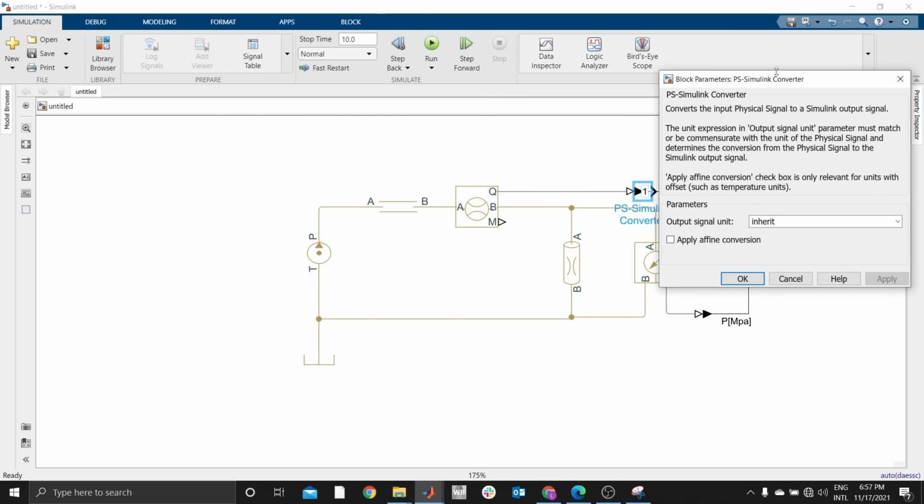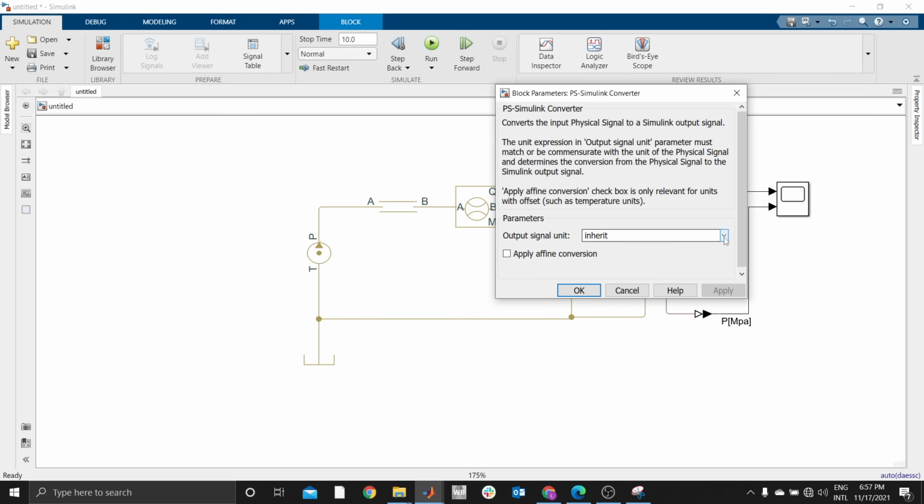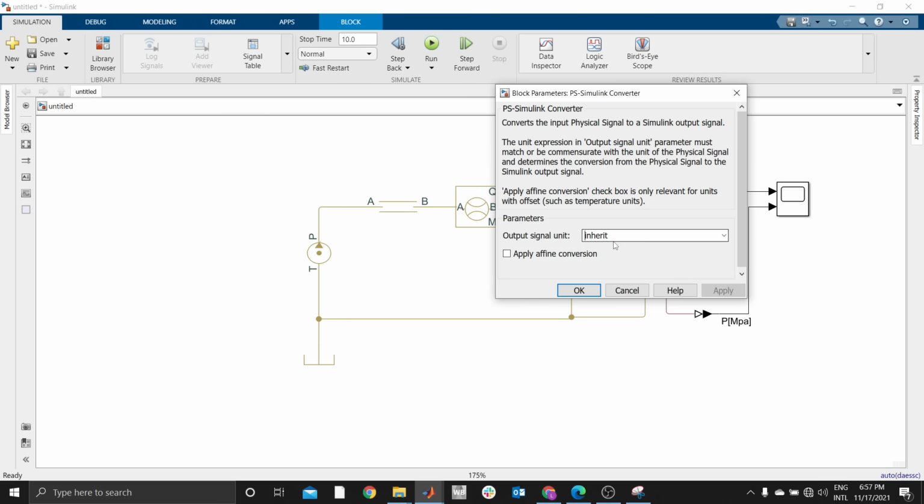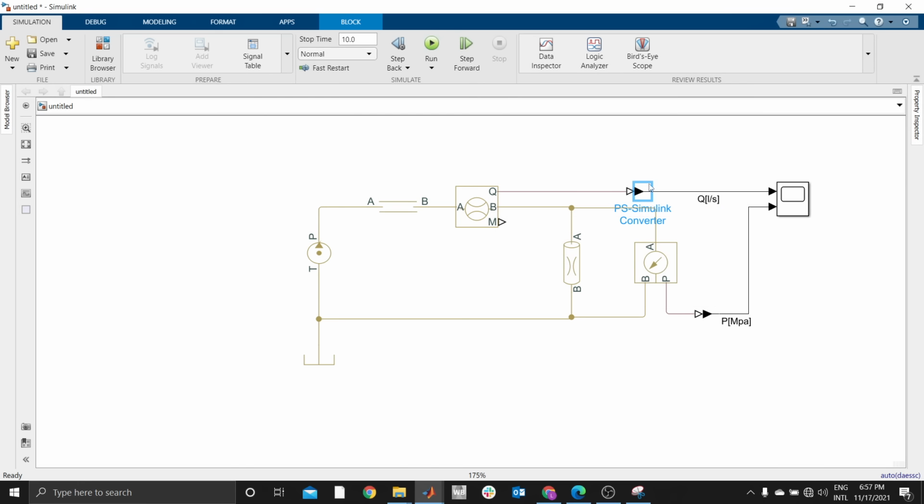Just double click here. You cannot choose the units inside. I can also decide meter cubed per second, and so on. But now this one, default inherit, means they get the value here and convert directly. It is usually liters per second here, and here it is megapascals.